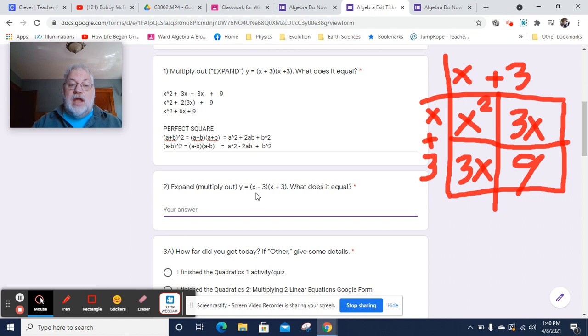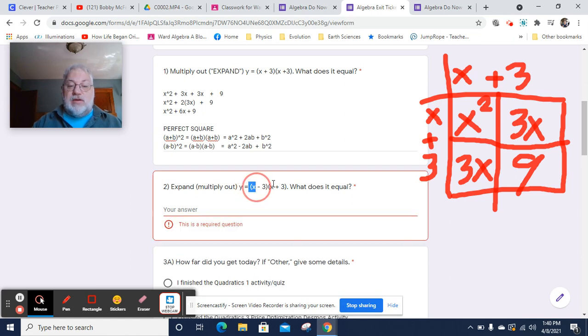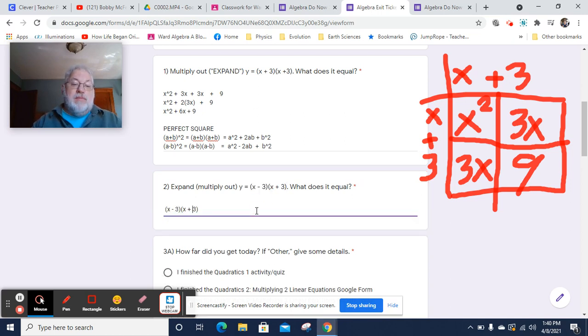So I'll do this the distributive property way. So I'll copy this down here. So this is the horizontal distributive property. This is one of the many ways we can do this. So I've got x times x plus 3, and then I'm going to say minus 3 times x plus 3.